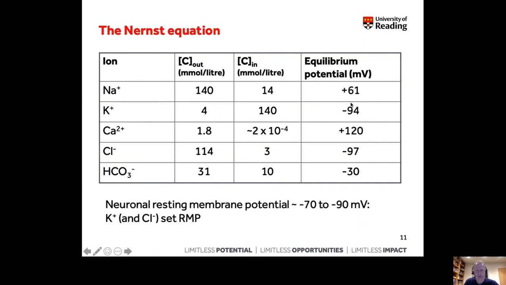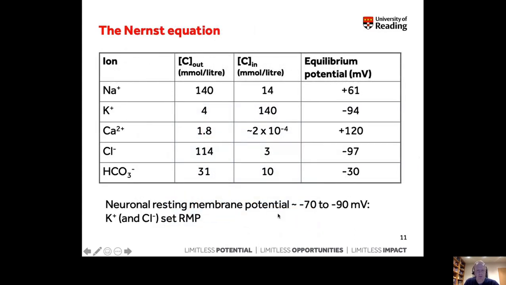So potassium is around minus 94, chloride around minus 97. Those are the main ions that we use to set the resting membrane potential. If we'd evolved to use sodium, then our resting potential would be positive rather than negative.